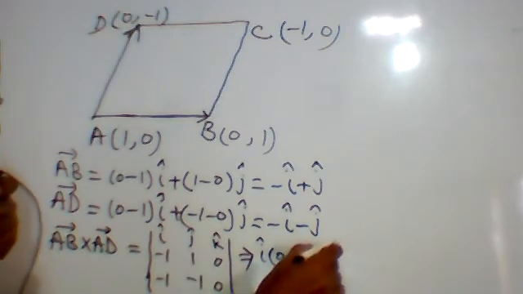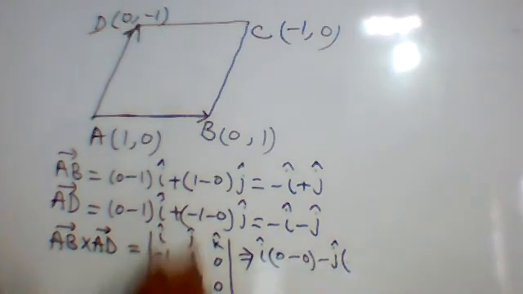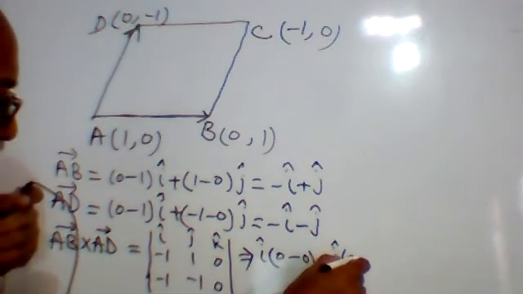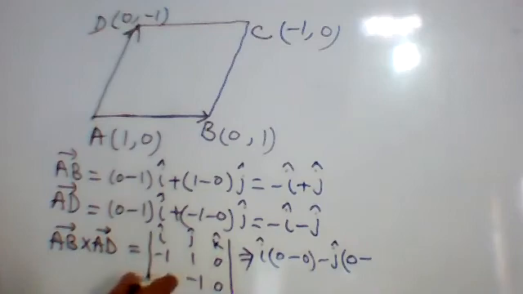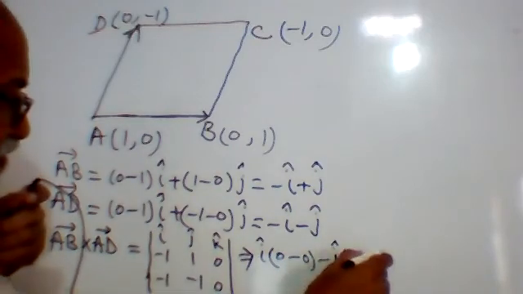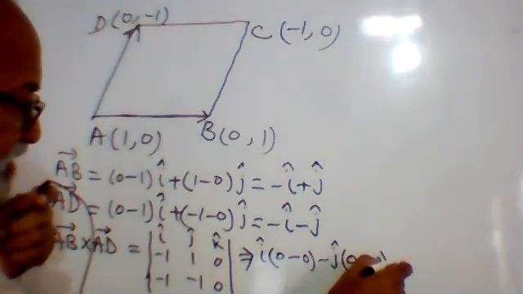Minus j: minus 1 into 0 is 0, minus 0 minus 1 is 0, so j is 0.